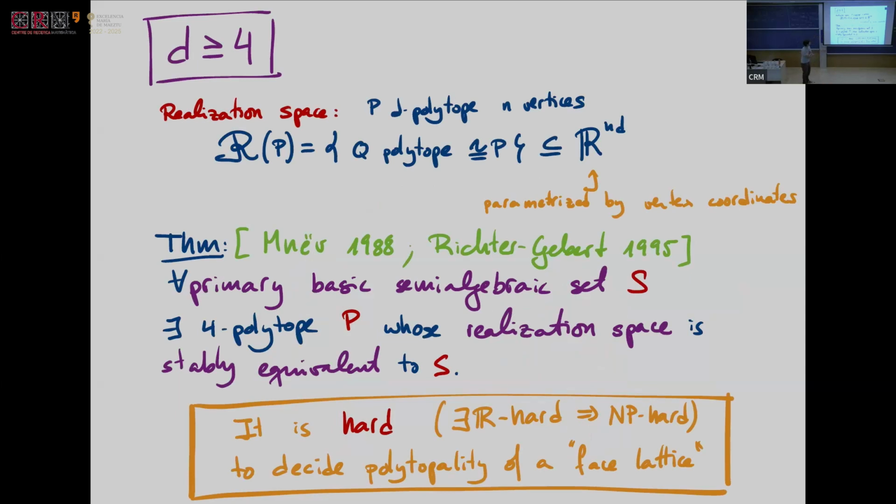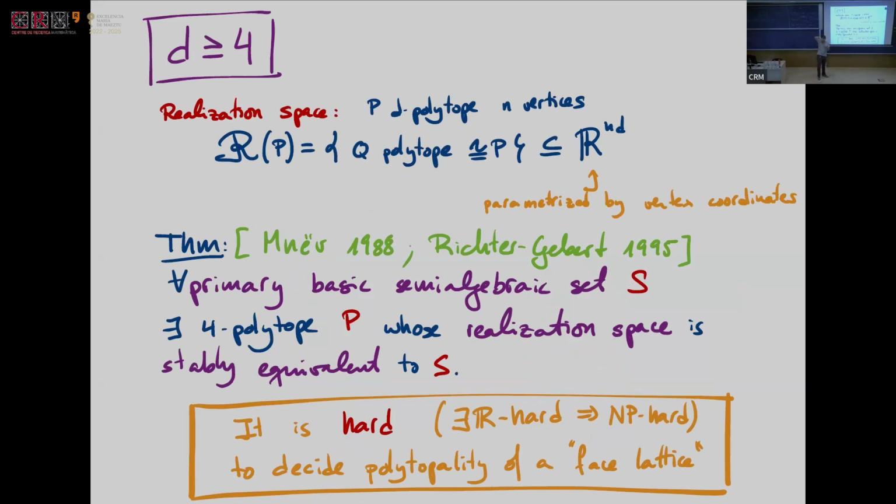So to present this, I need to introduce the concept of realization space. Imagine I choose my preferred combinatorial type, say the cube. And now I want all the geometric polytopes with the same combinatorics. To parameterize this, I can just take the coordinates of the vertices.